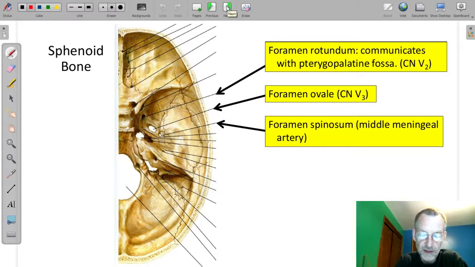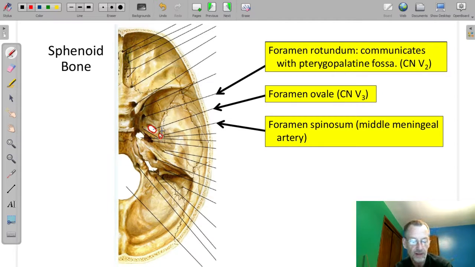And just another view of those foramina. The one that's easy to recognize is the large one, the foramen ovale, circled in red. And then there is the smaller one, the foramen spinosum.